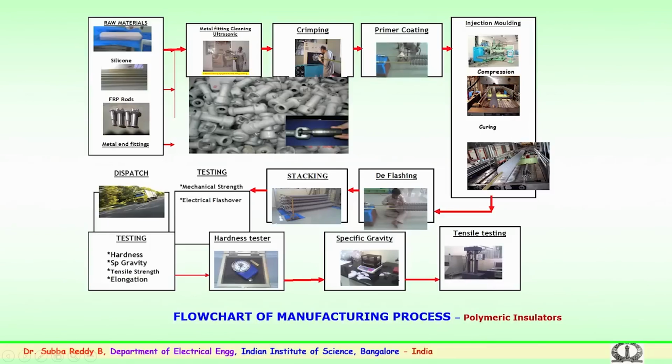Further, the curing of the insulator is done, and it is sent for deflashing and various testing aspects, both mechanical, electrical, and bending. Apart from this, there are some other chemical tests which are normally carried out: the specific gravity, hardness testing, tensile strength, and elongation of the rubber.